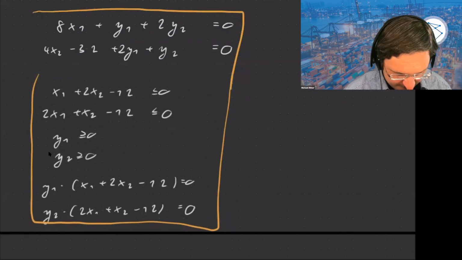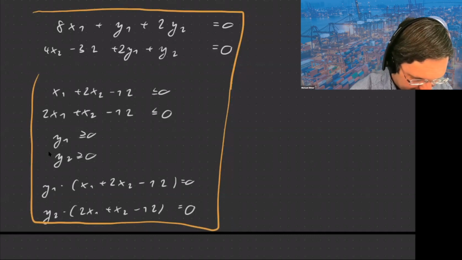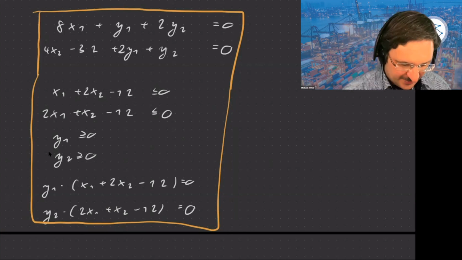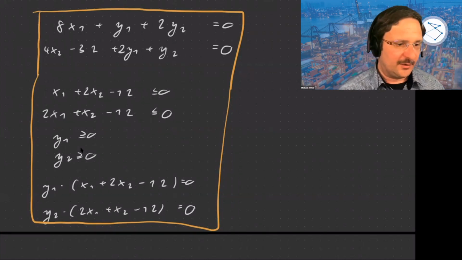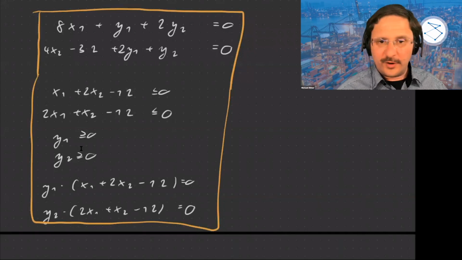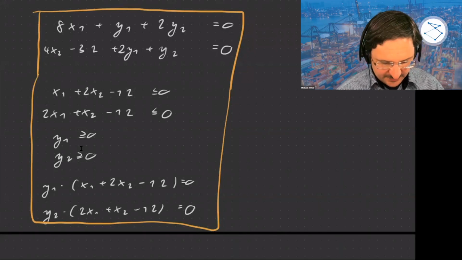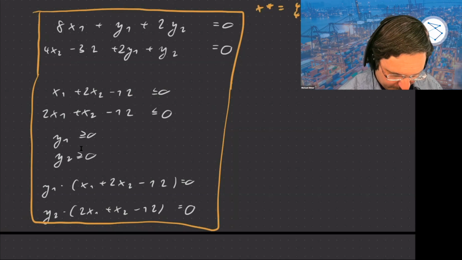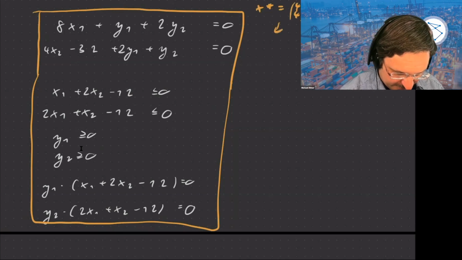Here's KKT part 2. So those are the conditions that we need to satisfy. And looking at the values for x star, 4 and 4, we can just substitute that into these equations here.